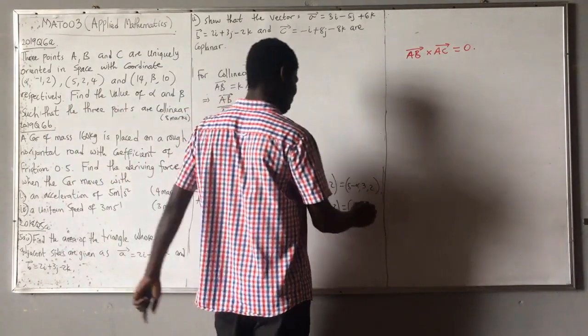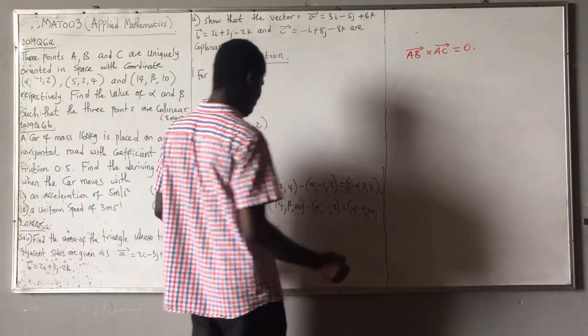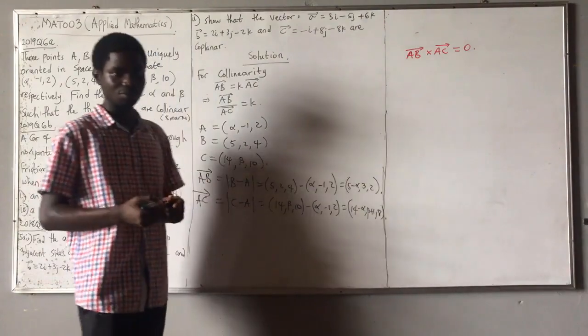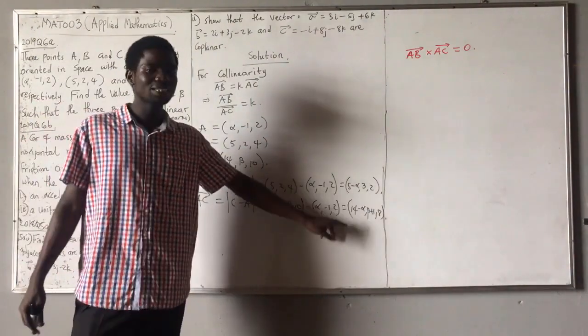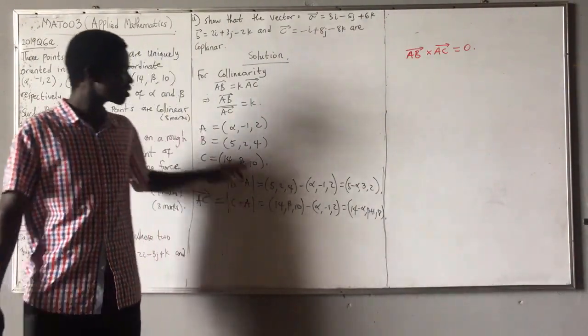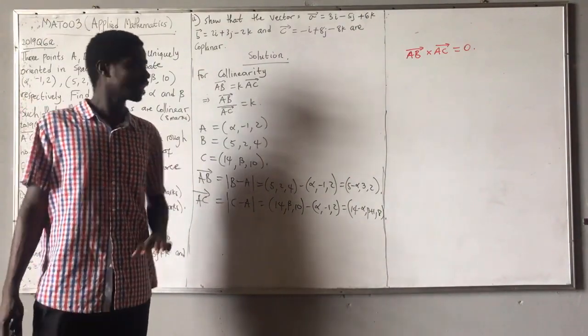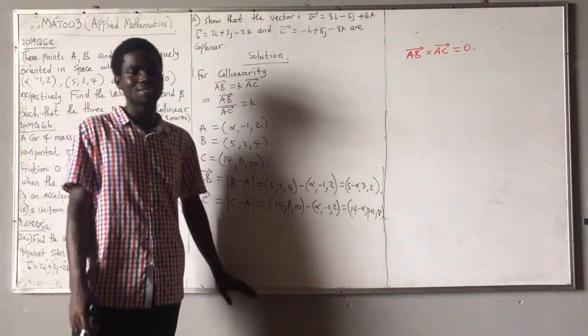Beta minus -1 is beta plus 1. And 10 minus 2, the answer is 8. I will now take the ratio component-wise. Vector AB over AC must give me a constant. That is the condition for collinearity.